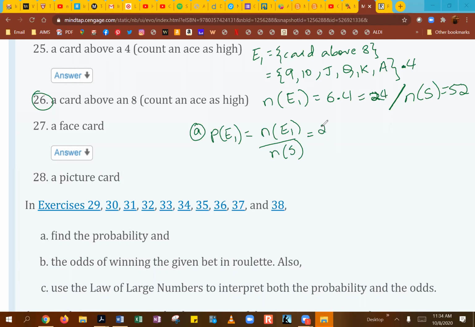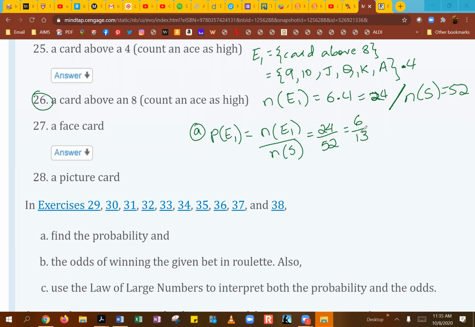So can you tell me what your reduced fraction will end up looking like? 6/13. Yeah, you are basically dividing both numbers by 4 as your common factor.